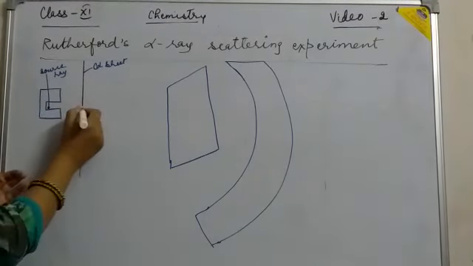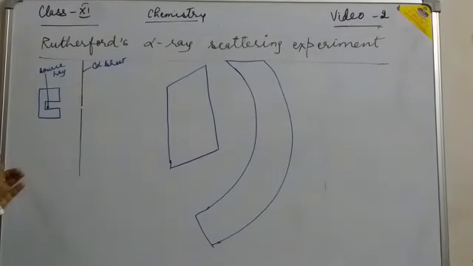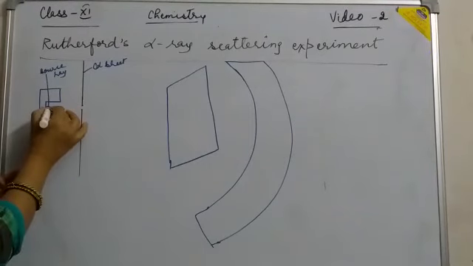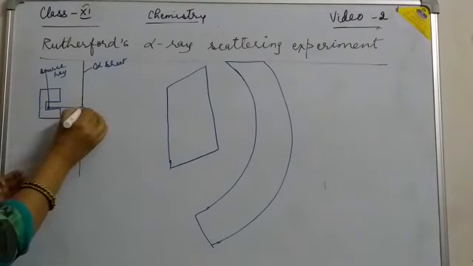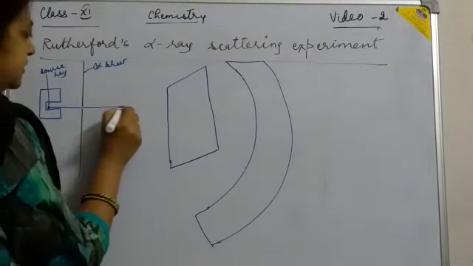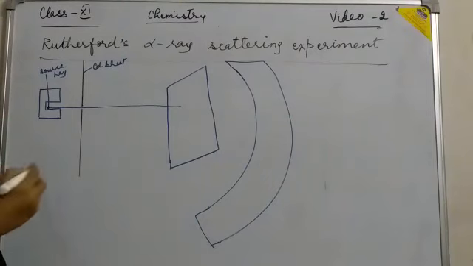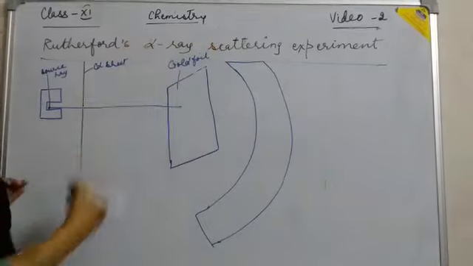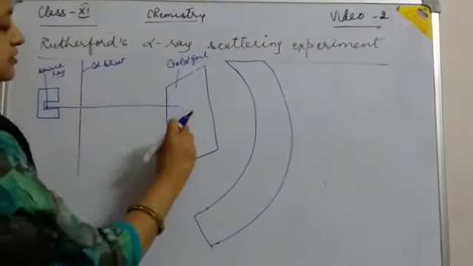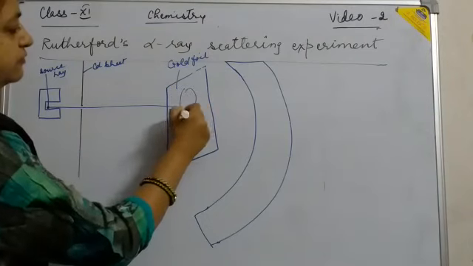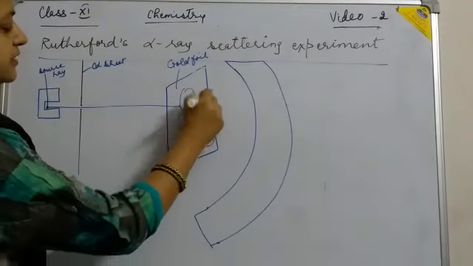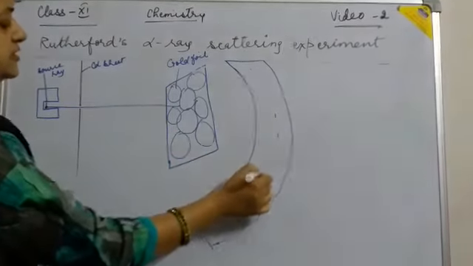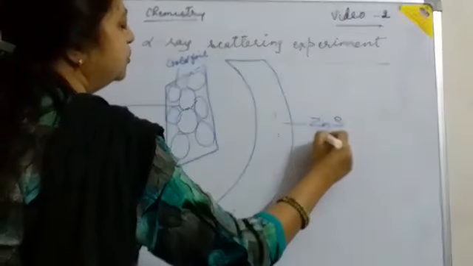There is a slit at the center of it, and this ray, when emitted, passes through the slit and falls on the gold foil, and scatters due to presence of these atoms in it. It scatters and makes some pictures on this zinc sulfide coating.